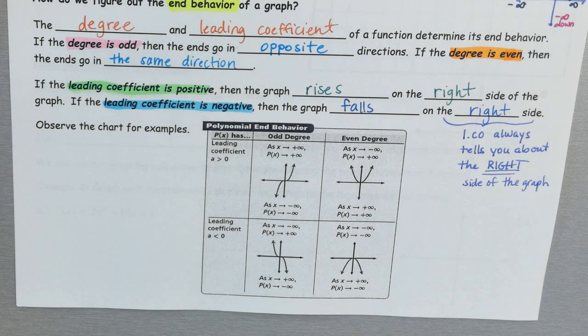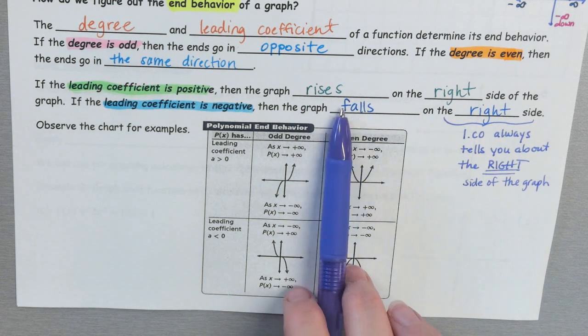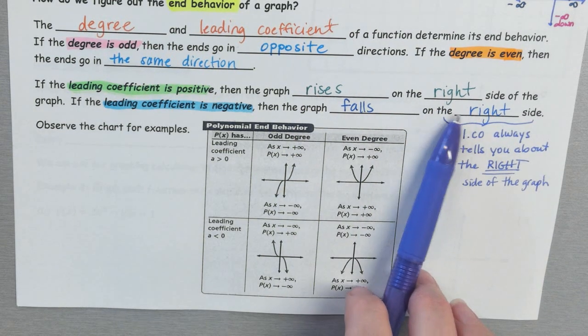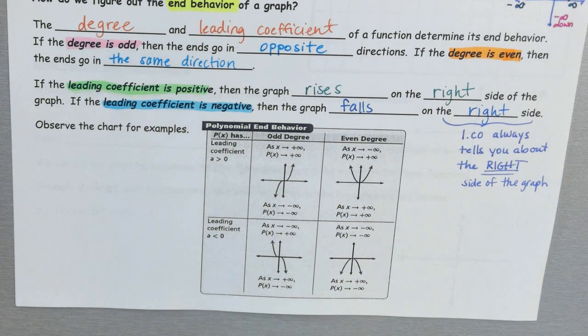With a lot of these, you're doing the opposite, right? If it's on the left and then on the right, it's up and then it's down. So it's easy to think, oh yeah, if it rises, it's on the right, and if it falls, it's on the left. No. The leading coefficient is always going to tell you what happens on that right side. Okay, so it's always on the right side.